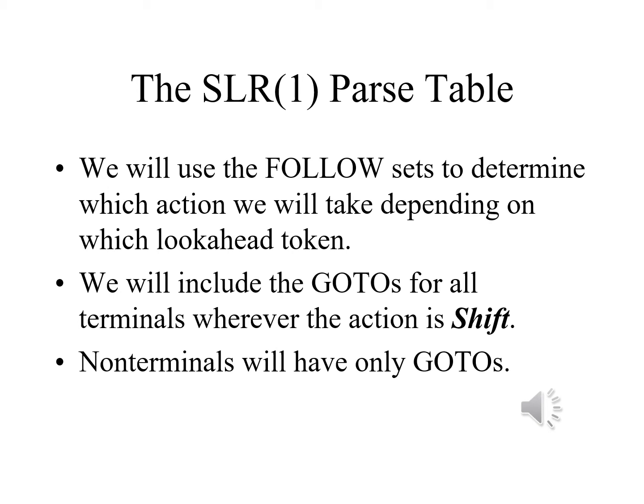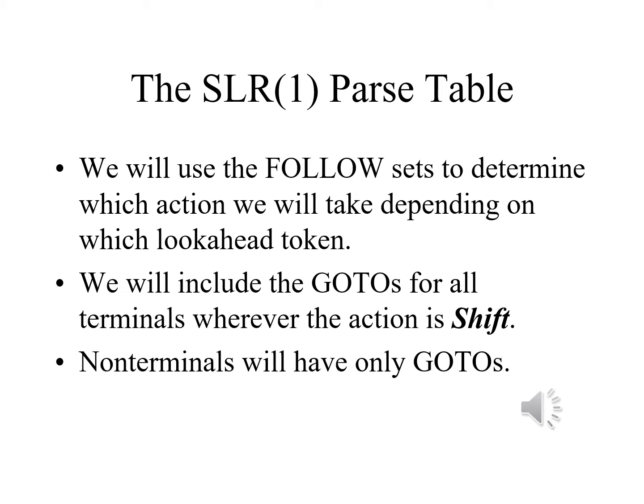The non-final items all have the action shift, and we can follow the arrows to find to which state they go. All we have for the non-terminals are the go-tos, as we did in the SLR parse table.